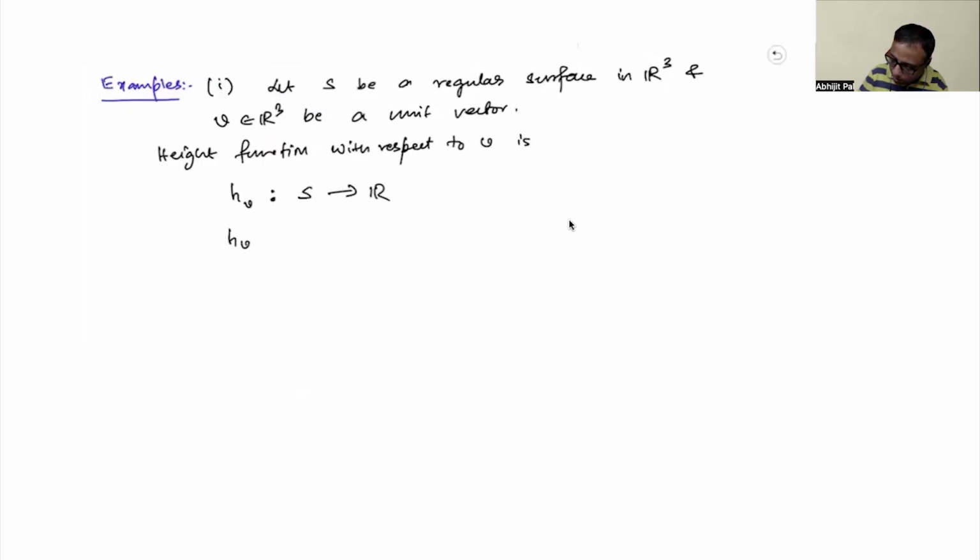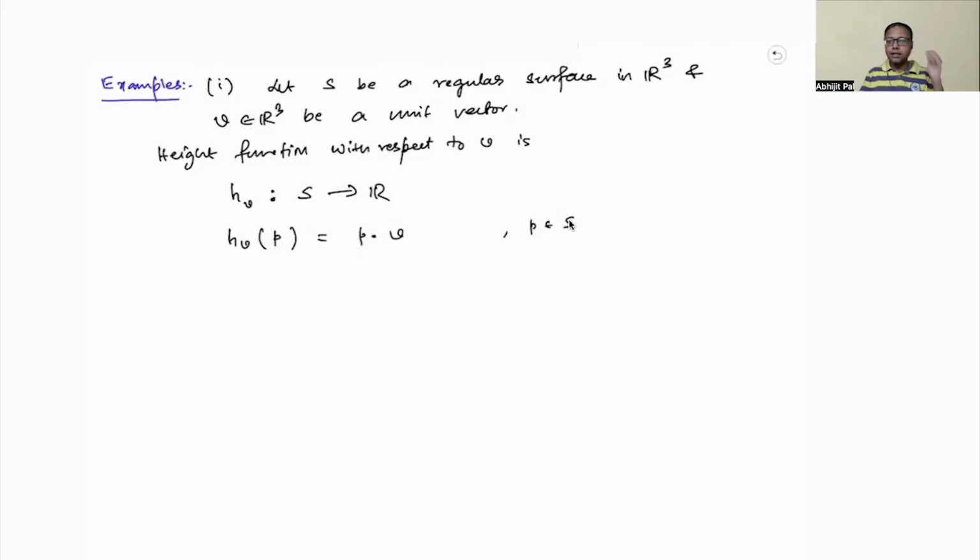H_B of P is equal to the dot product of P with B. This is my definition of the height function with respect to the unit vector B.